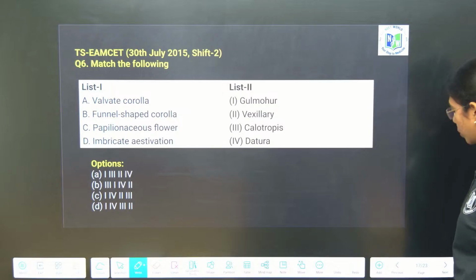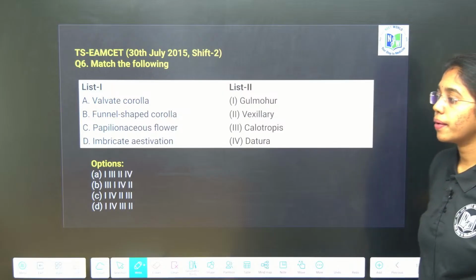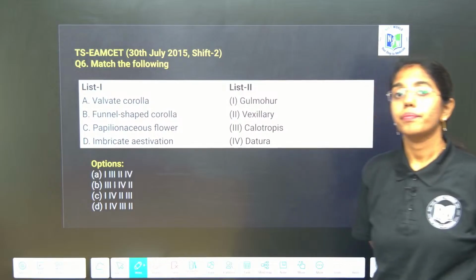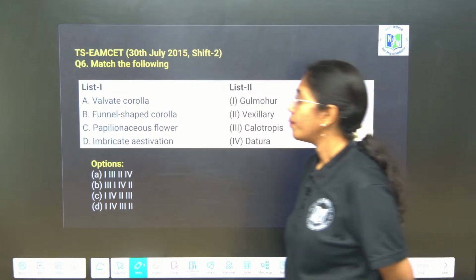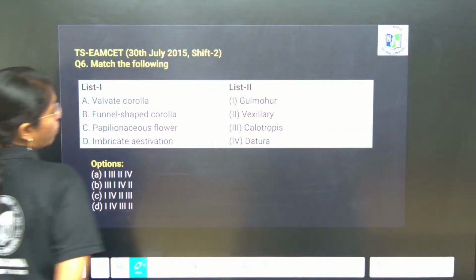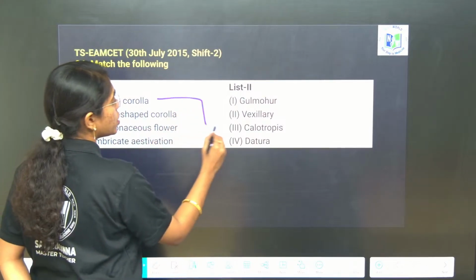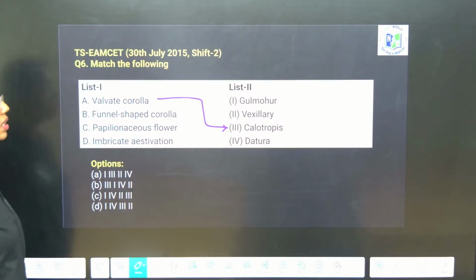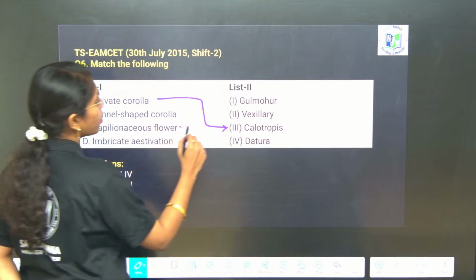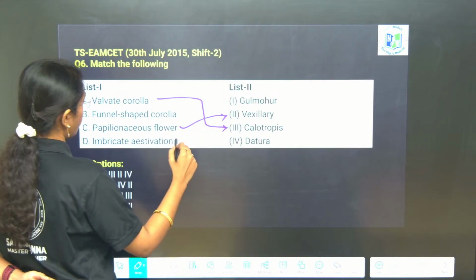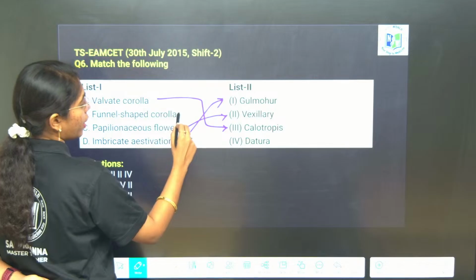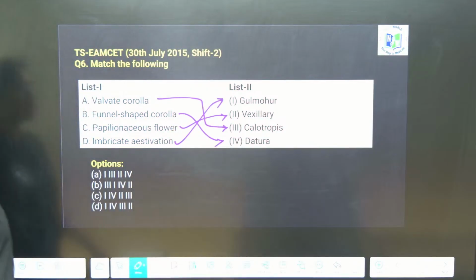This is the last question that we are exercising today. Valvate aestivation you can see in Calotropis. Papilionaceous flower, vexillary. Imbricate aestivation, Gulmohar. Funnel shaped corolla you can see in Datura. So, what will be the right set?